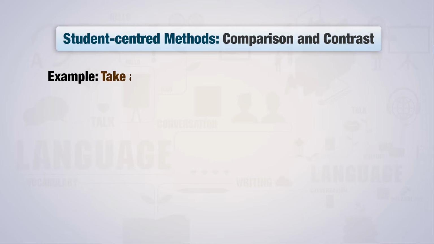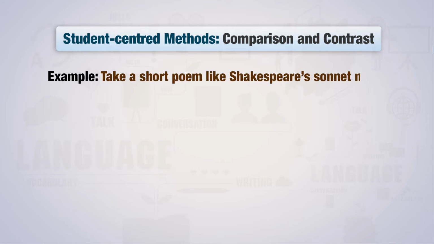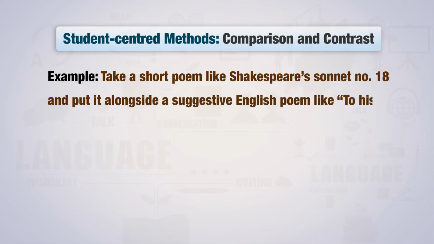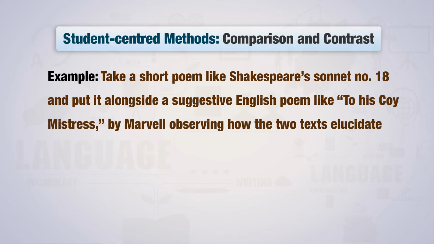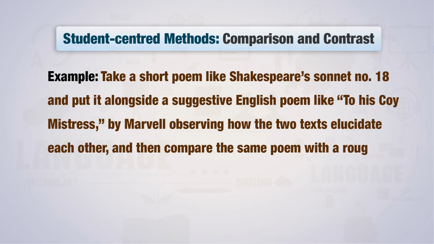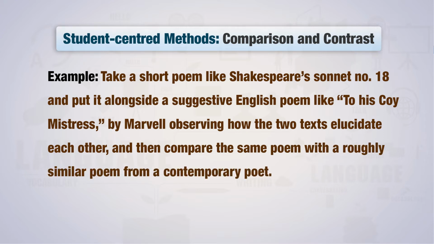For example, take a short poem like Shakespeare's Sonnet number 18 and put it alongside a suggestive English poem like Andrew Marvell's To His Coy Mistress. Observe how these 2 texts elucidate love and time, how they compare the effects of time and love, and how they can be similar in theme. Then we can take something from a contemporary poet and see how the tradition has changed over the years.